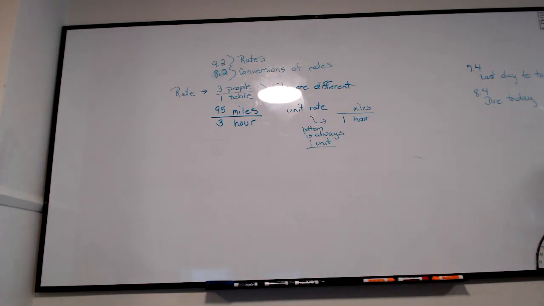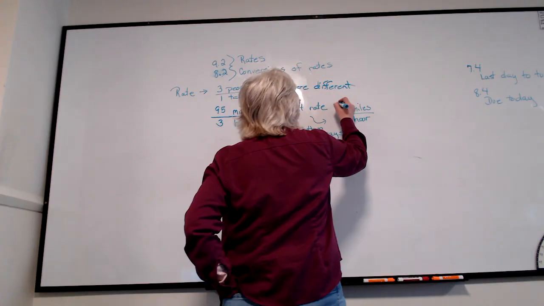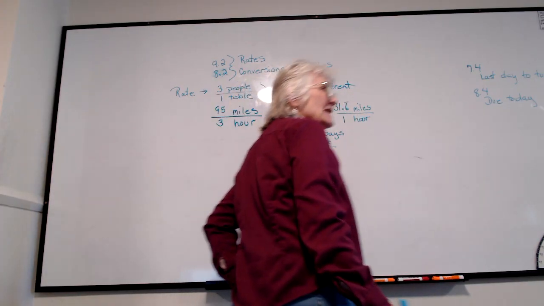How would I figure out what the unit rate is for miles per hour if I go 95 miles every 3 hours? Divide by 3. Take 95 and divide it by 3. That doesn't come out exact. Okay. It will be 31 2/3, so it's 31.6 repeating.